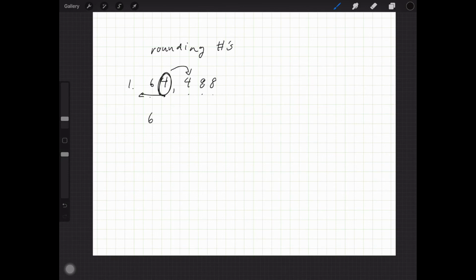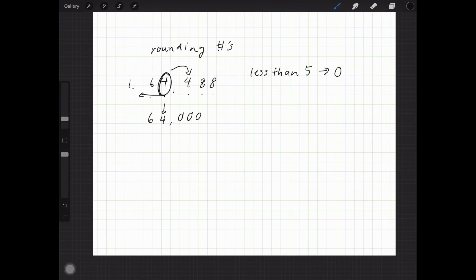So if the number before it is less than 5, so 4, 3, 2, 1, or 0, you're going to make the number into a 0 and everything after it. So the 4 stays the same and everything after it becomes a 0.